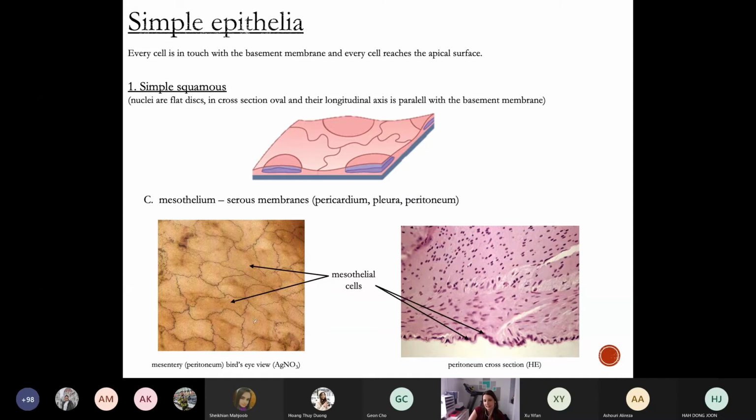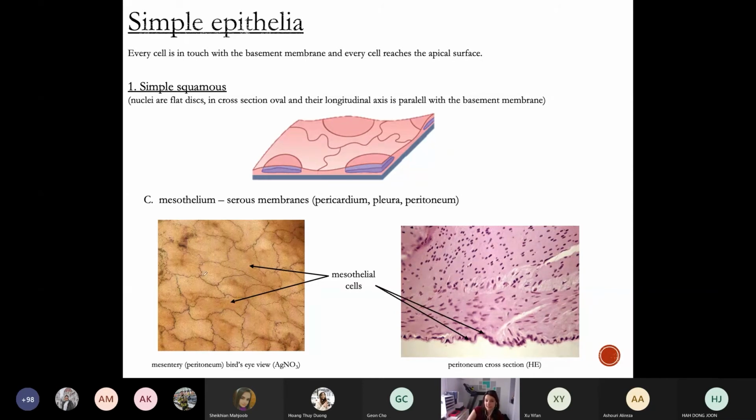And here you will, in the labs, take a look at this slide, which I put here on the lower left corner. Okay, which is a bird's eye view of the peritoneum, actually. And we take a look from above of the cells.